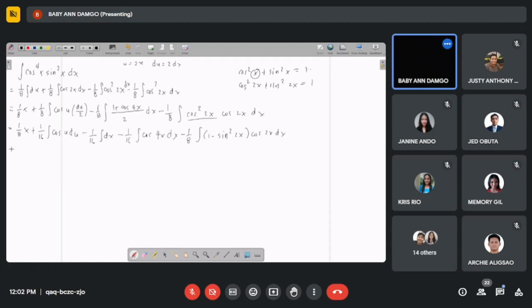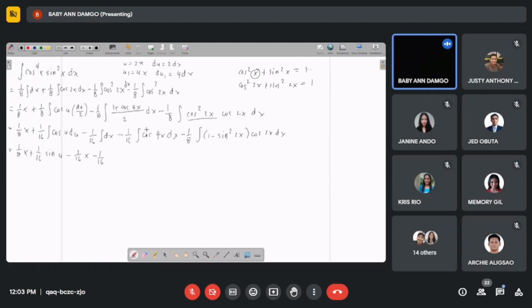Okay, so we have 1 over 8x plus 1 over 16, integration of cosine u du is sine u, minus 1 over 16, integration of dx is x, minus 1 over 16. We let u sub 1 be equal to 4x, so our du sub 1 is 4 dx.